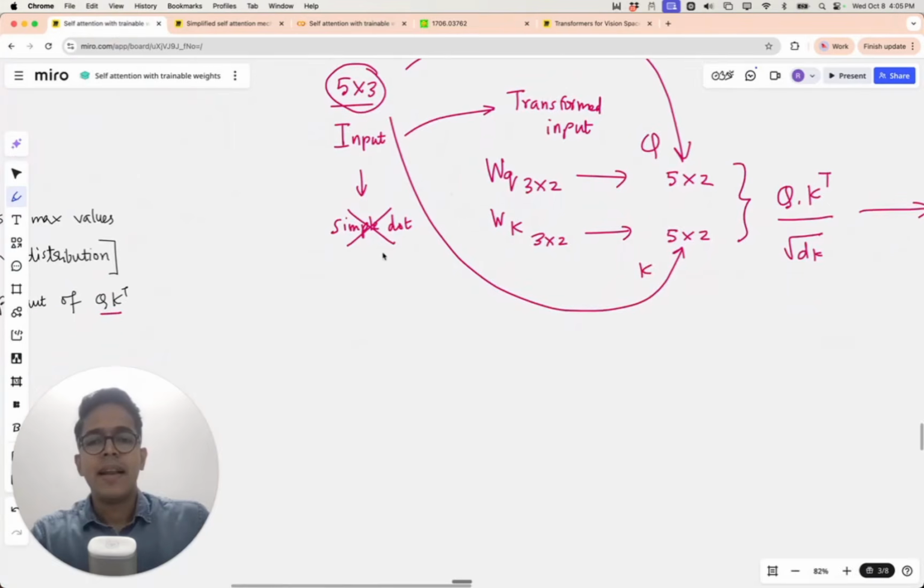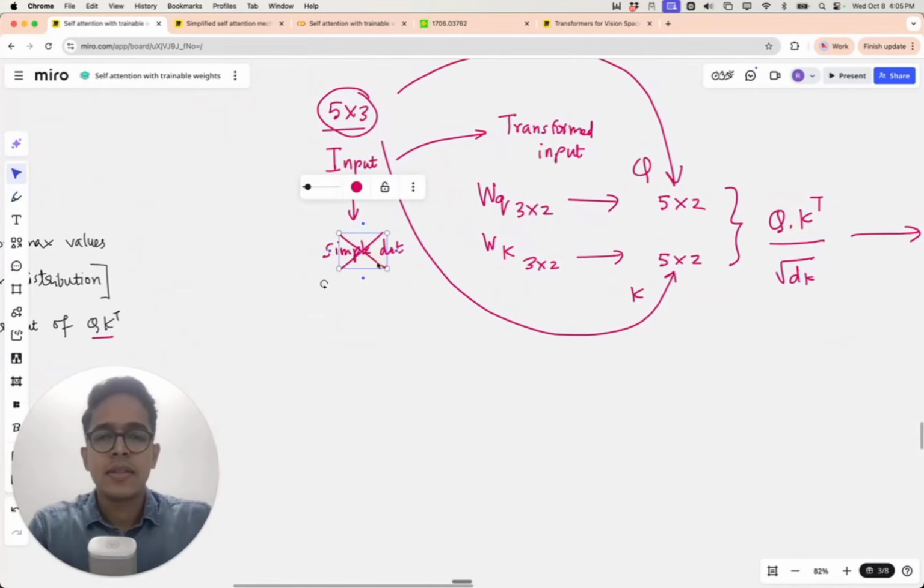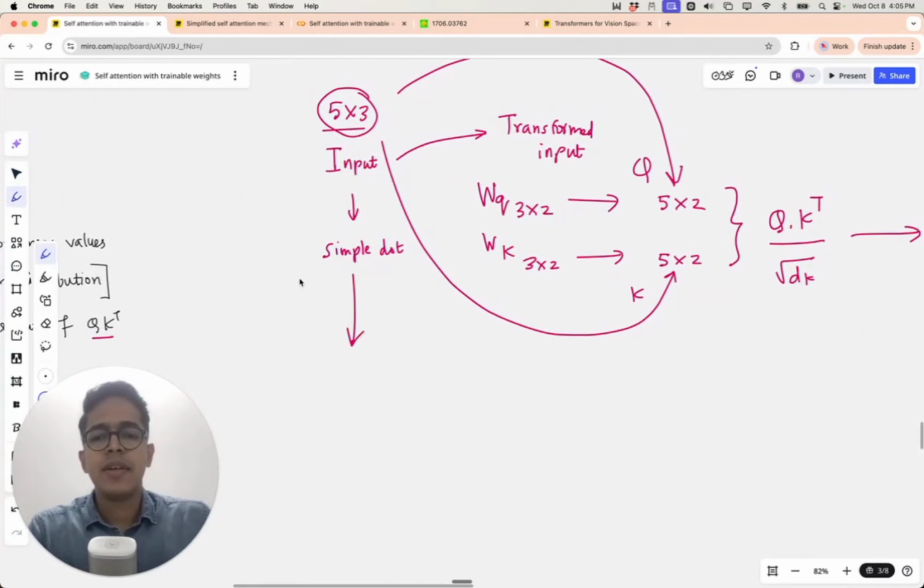In our vanilla dot product, so let me just delete this thing. In our simplified self-attention, we used these simple dot products as the attention scores. Then we used softmax to convert that into the attention weights.